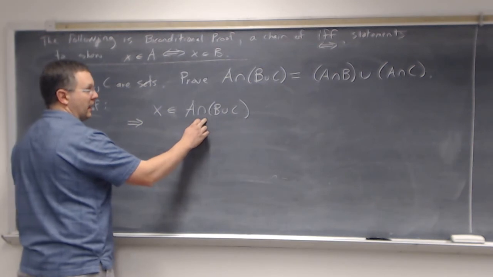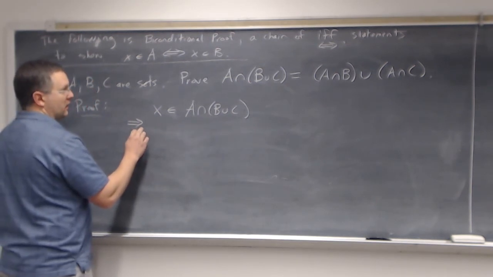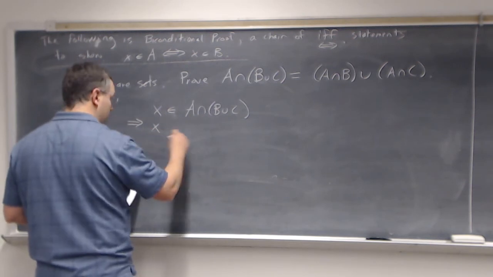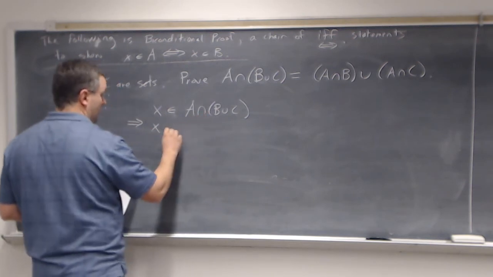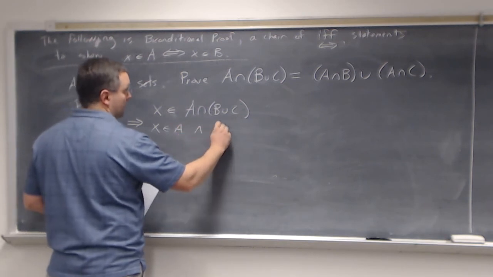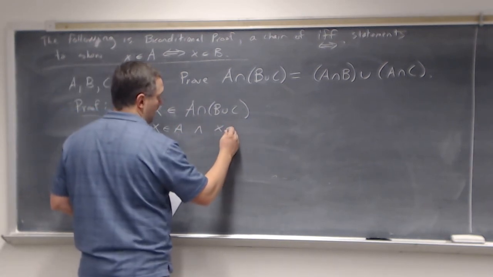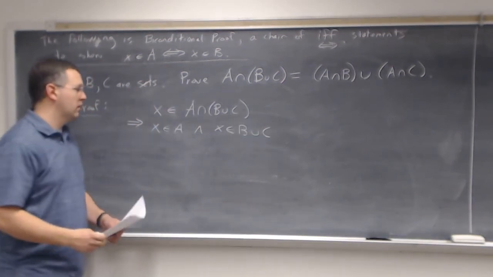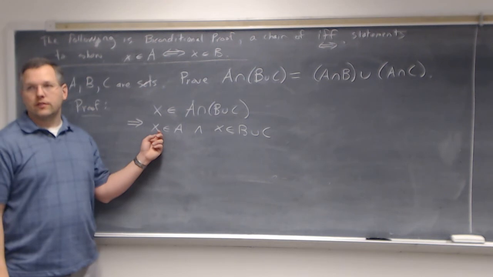If x is an element of this set, then that's the same as saying that x, what is the definition of an intersection? That means that x is an element of A and x is an element of B union C. I'm just using the definition of intersection.